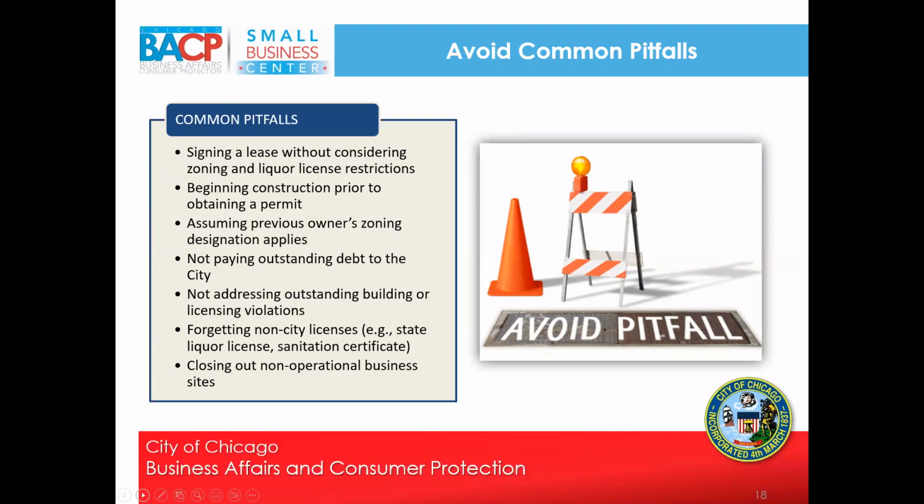And make sure that if you decide to close out your business operation, you do that when you decide to close the doors of the business, so that it doesn't stay open and you're not incurring any additional charges without the business being open.